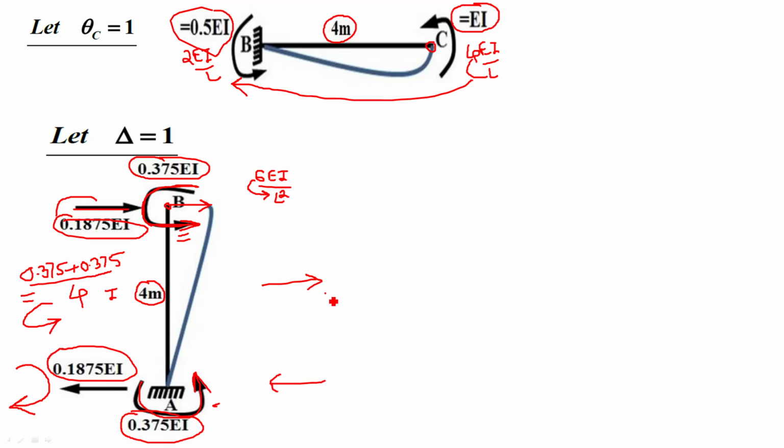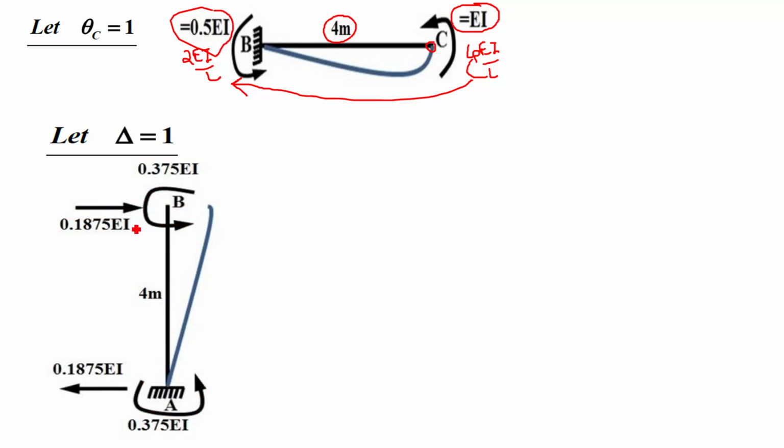So this produces the clockwise moment. So the reactions because of moment in this column are 0.1875 EI at two ends. Top reaction is towards right and bottom reaction is towards left. So this is the third figure, delta equal to 1.